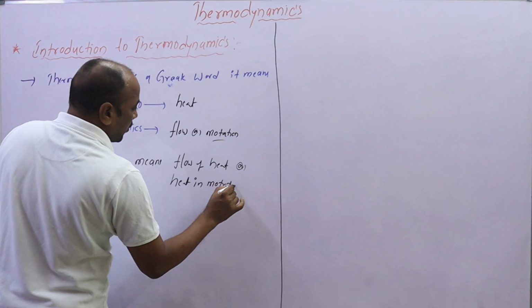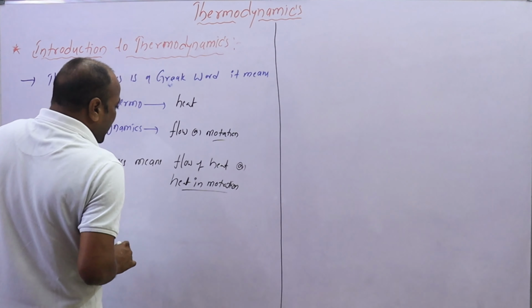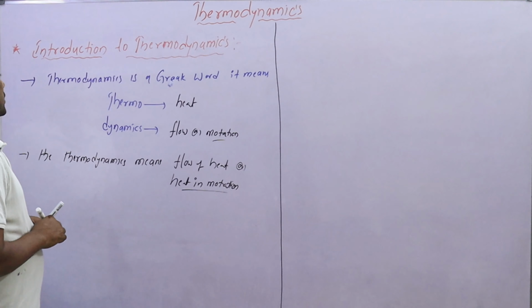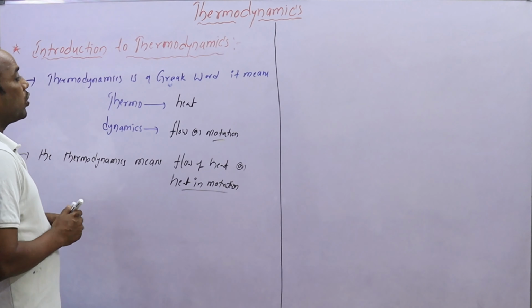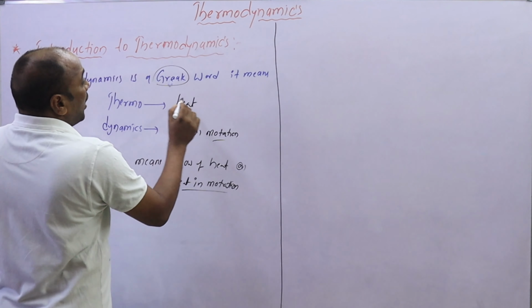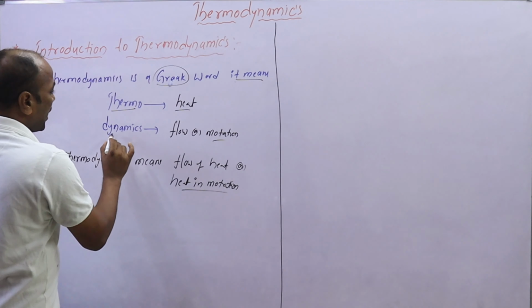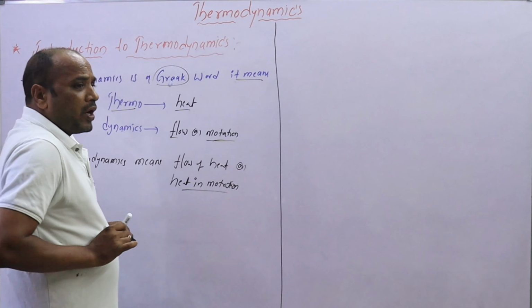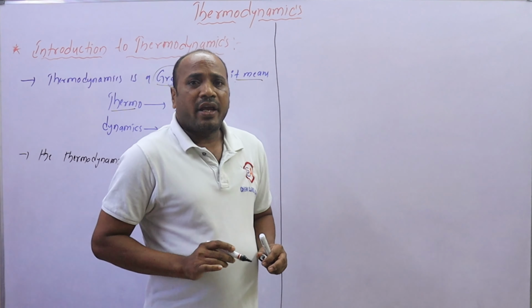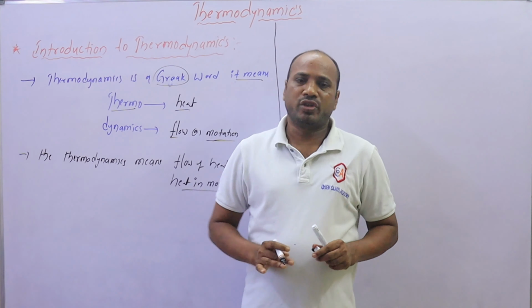That is the meaning of thermodynamics. Thermodynamics is a Greek word. Thermo means heat and dynamics means flow or motion. So thermodynamics is a flow of heat or heat in motion.